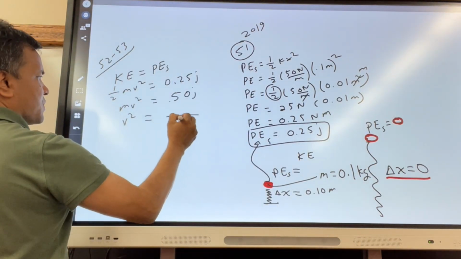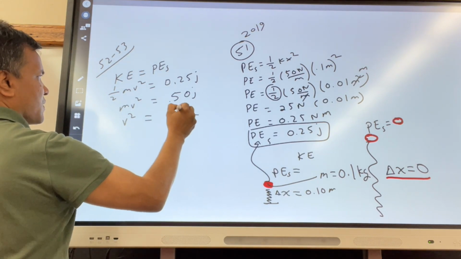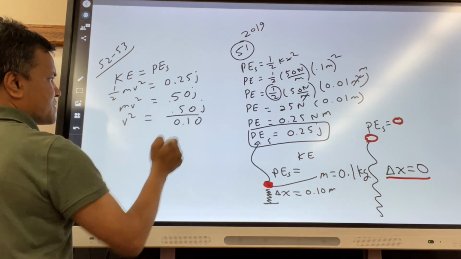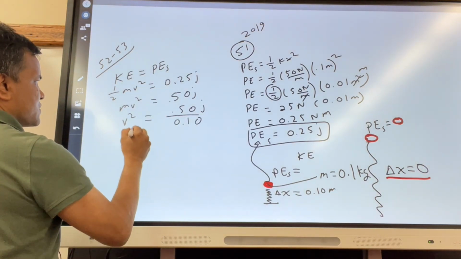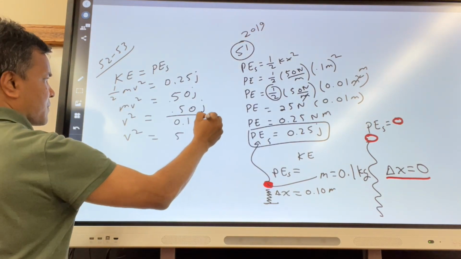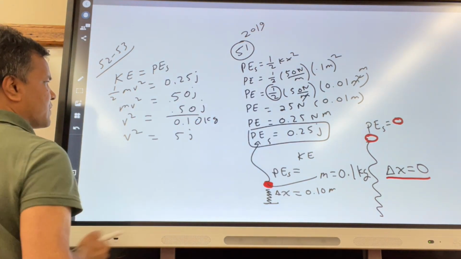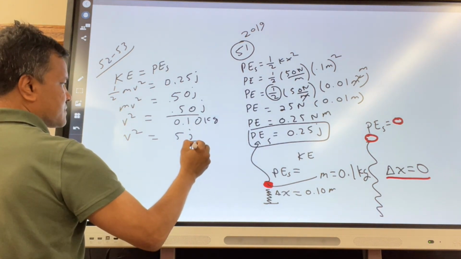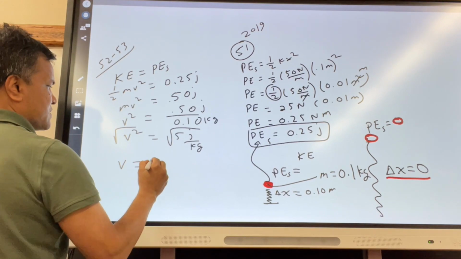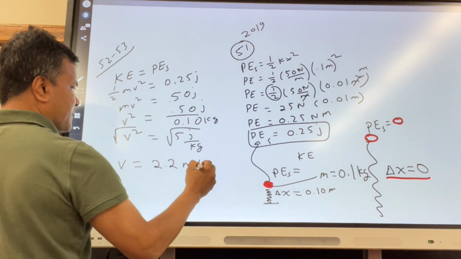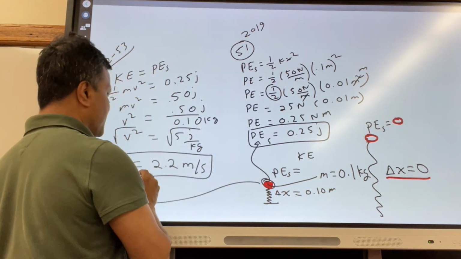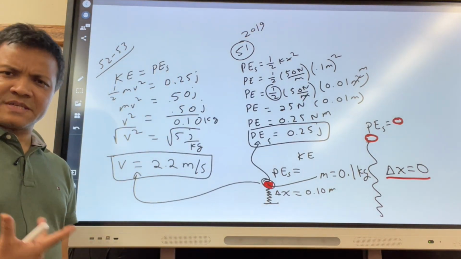So then 0.1 kilogram times v square is 0.50 joule. Put 0 over here, decimal cancel. So v squared is 5 joule over kilogram. So you square root both sides. So then velocity is 2.2 meter per second. So this spring potential energy can become the velocity because it has some kinetic energy.